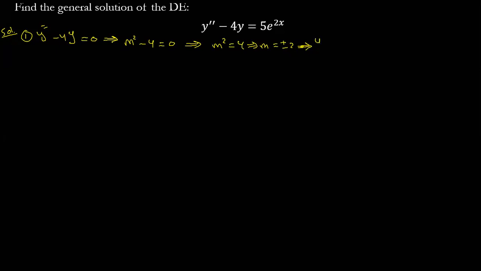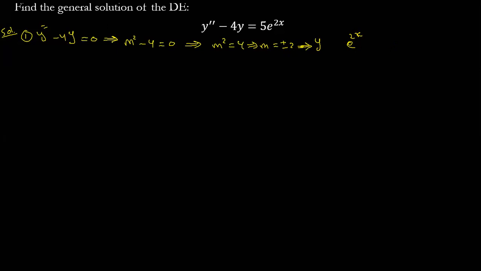e to the power of 2x. Where do I put the 2? e to the power of 2x. This is because you have two different m's, so you need to use each one of them for the exponential function.